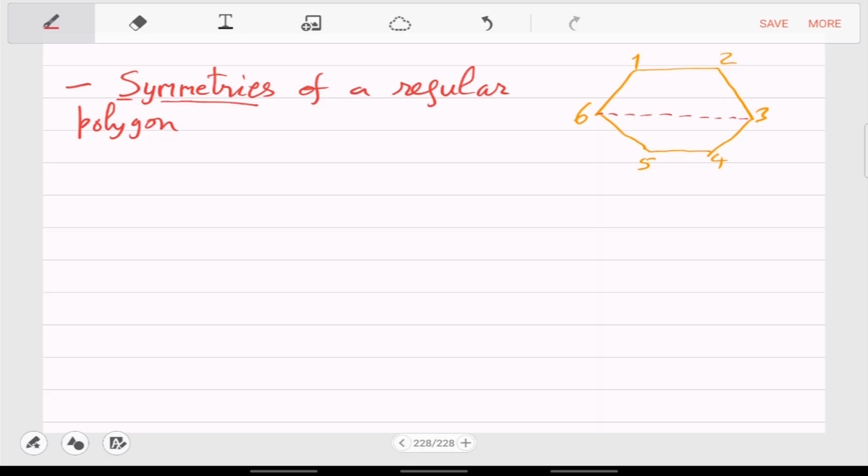So symmetries of a regular polygon under composition. So these examples are the rotation or reflection.